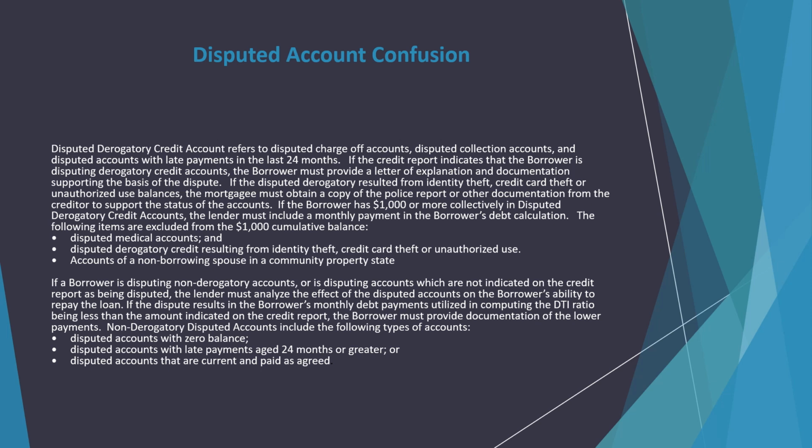But an example of what this guideline refers to when you don't have to downgrade is when you have an installment debt or a revolving debt that has a missed payment greater than 24 months ago, but right now it's reporting current and it's disputed. Then you do not have to manually downgrade the file. Be very careful on this, guys, and if you need to rewatch this part, I recommend you do so. I have seen many mortgage professionals miss this part.